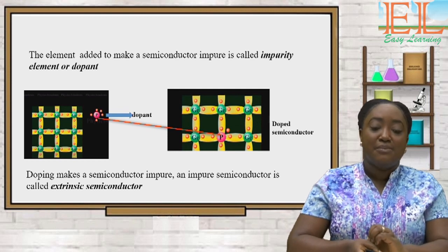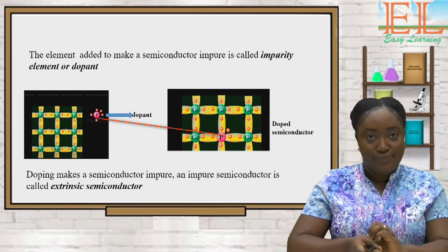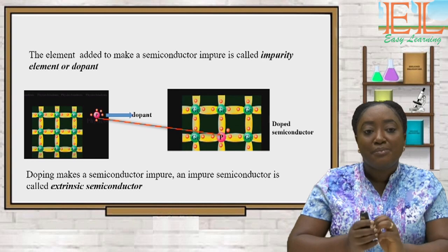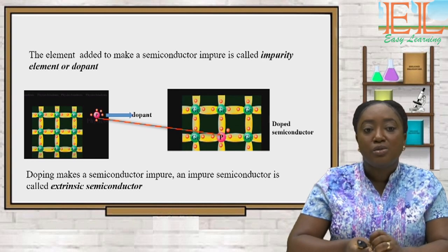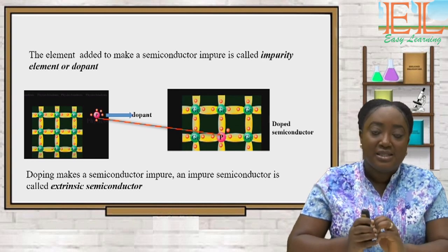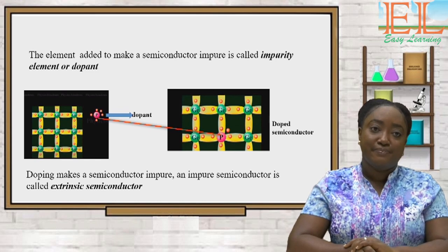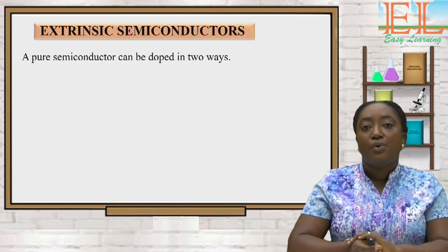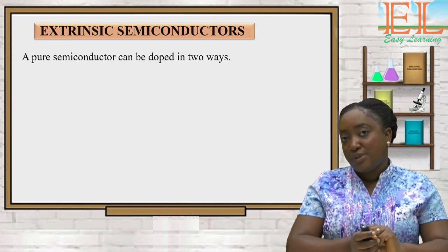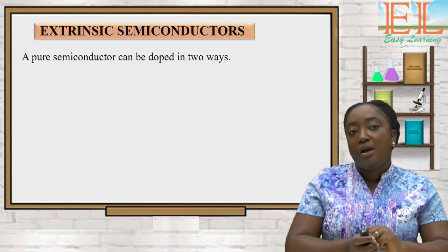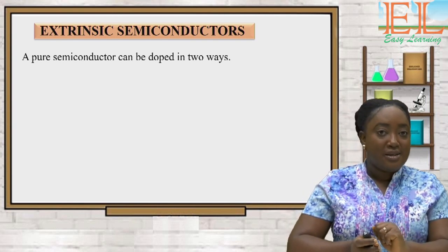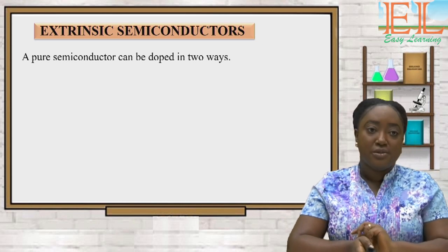Doping makes the semiconductor impure. An impure semiconductor is called an extrinsic semiconductor. Now, we look at extrinsic semiconductors. A pure semiconductor can be doped in two ways.